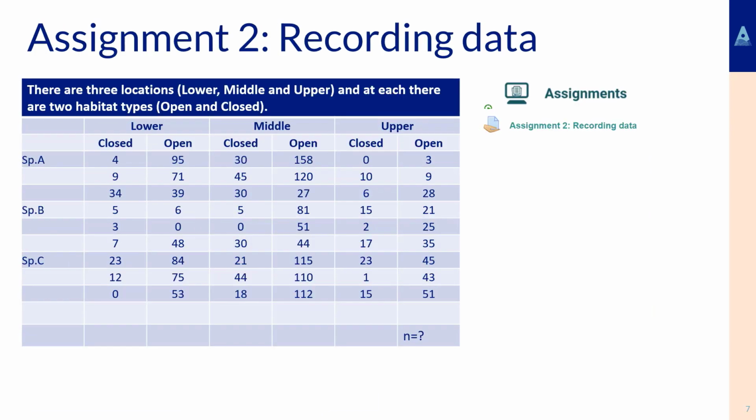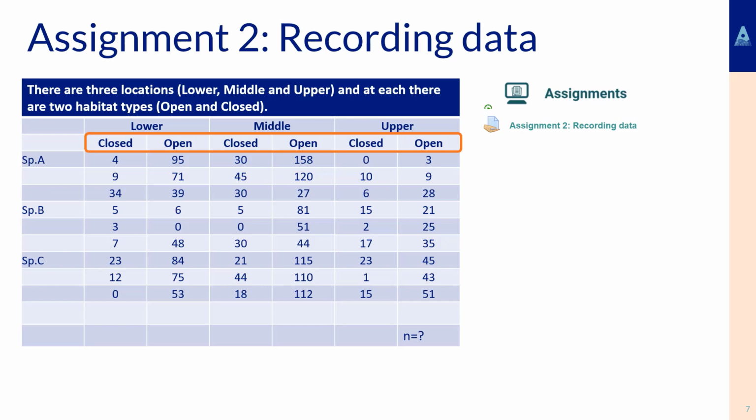This is the fourth and final example of data recording, and here we have another set of data from a biological statistical exercise. Here we have three locations: lower, middle and upper. And at each location there are two habitats, the closed habitat and the open habitat.